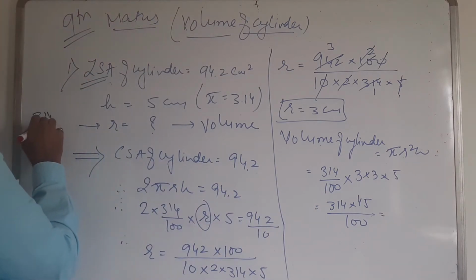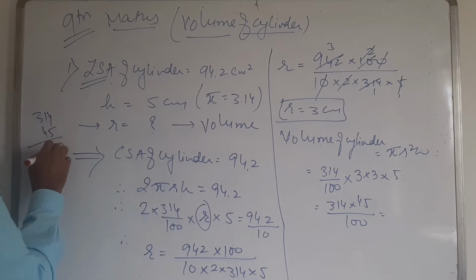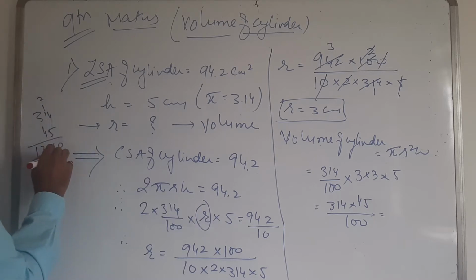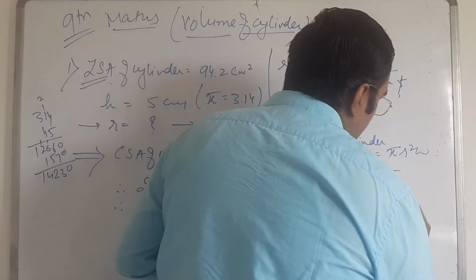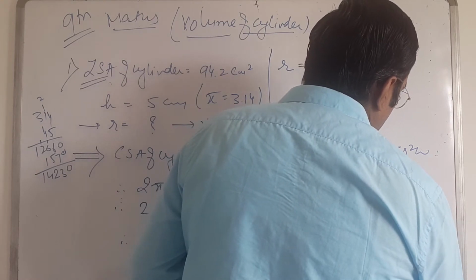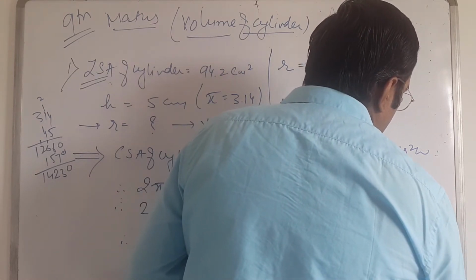What is 314 into 45? 4 plus 1, 5 plus 1, 6. 4 3s are 12. 20. 7. 15. 0. 13. 12. 2 plus 3 plus 4, 14230 by 100. 14230 by 100, the 0s cancel out.